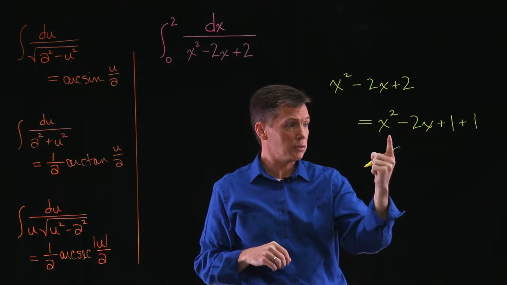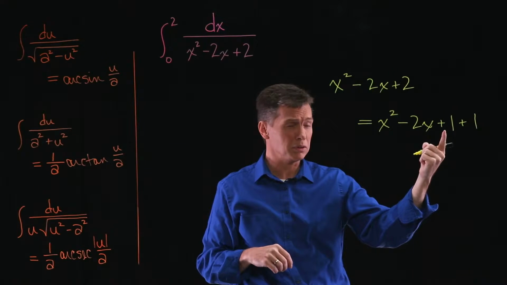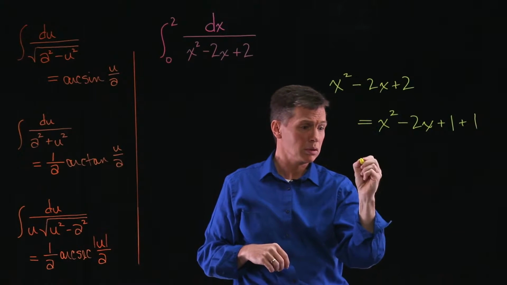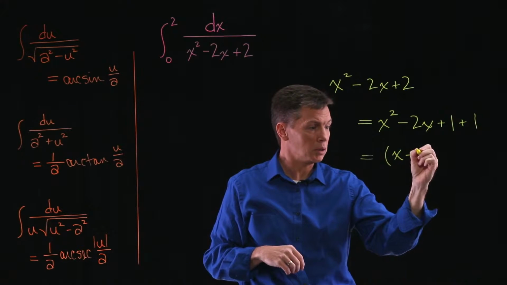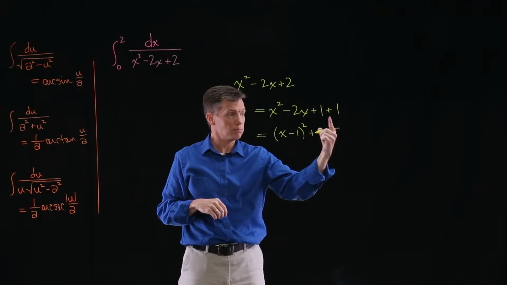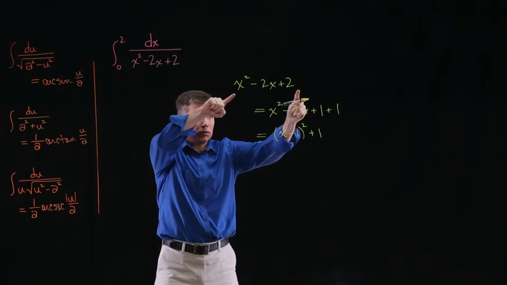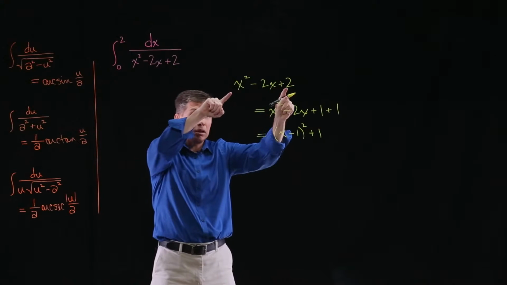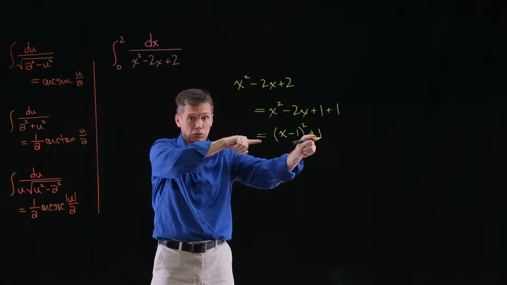And I do that because these first three terms now are a perfect square trinomial, which means that they factor into (x minus 1) squared. I still have that second plus 1. So this, which came from our denominator, equals (x minus 1) squared plus 1.